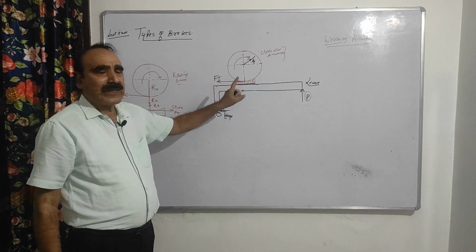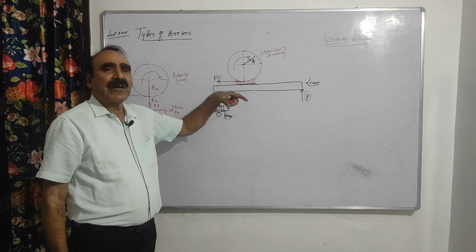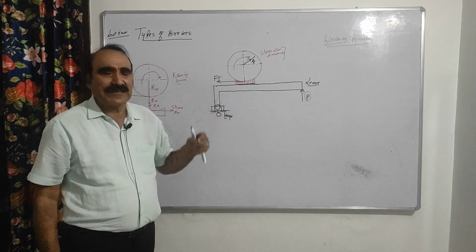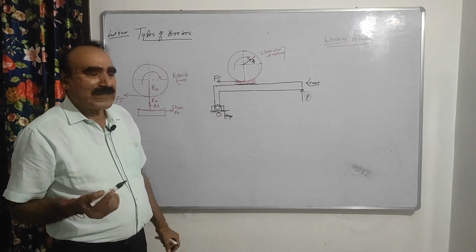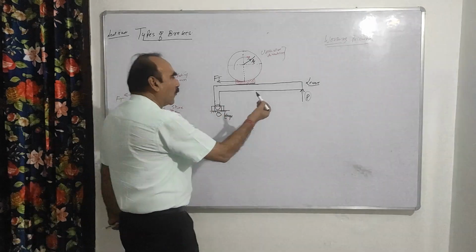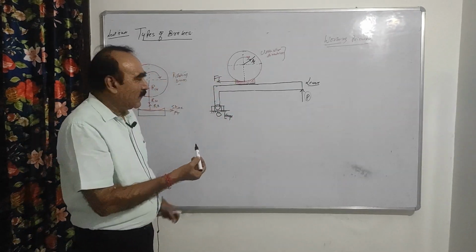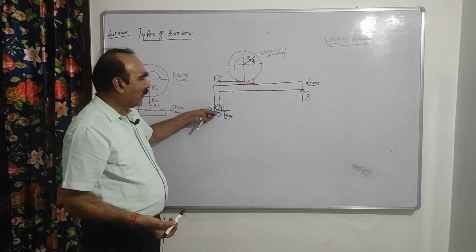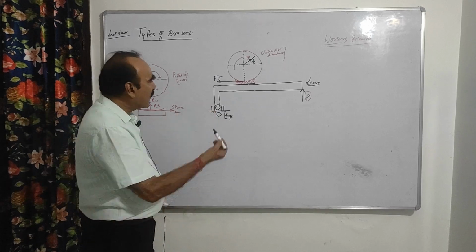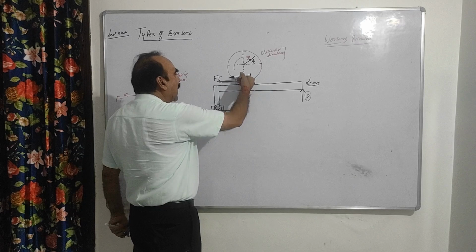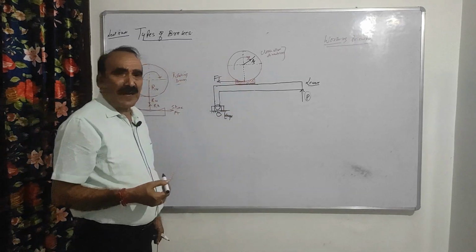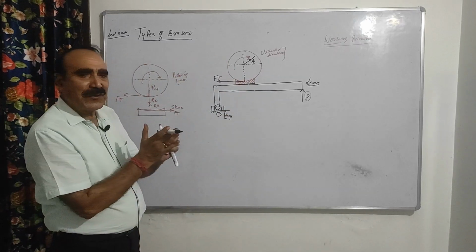As the drum is rotating in the clockwise or anti-clockwise direction, whatever the direction is, when we apply the force on the lever, what happens? The lever will rotate on its hinge, and the shoe will attach with the rotating drum.